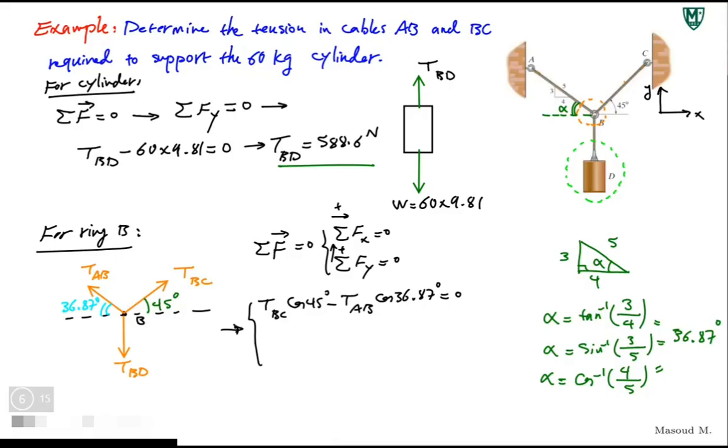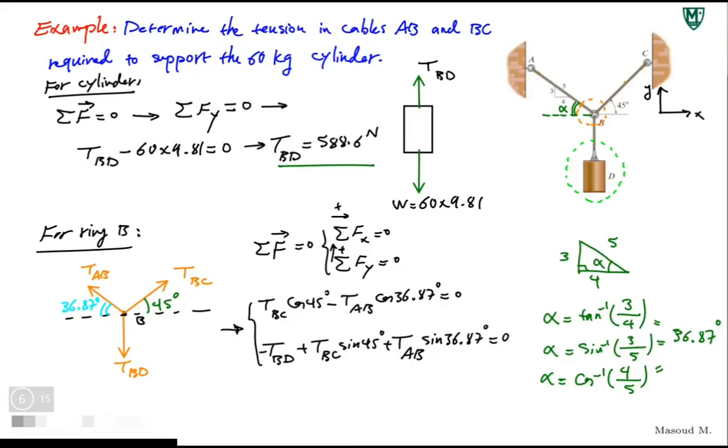For y direction, you will get minus TBD. Look at the composition of vectors. TBD is downward and is negative. So downward is negative because I took upward as positive. Plus TBC sine 45 degrees plus TAB sine 36.87 degrees.